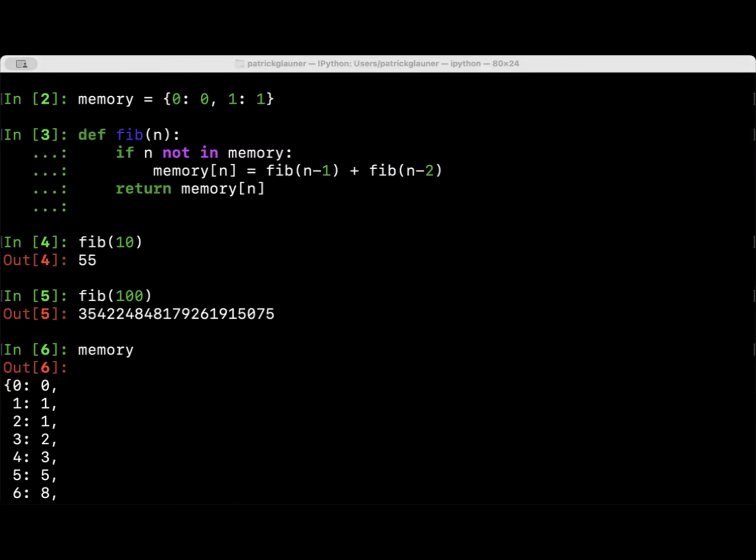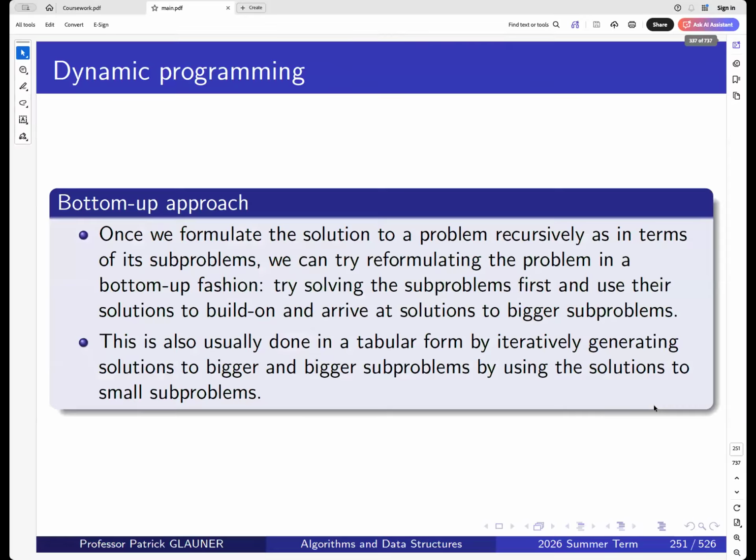And as there is a top-down approach where we take the big n and split it into smaller n's, we can also start with small n's directly and then put them together until we have reached the big n and then stop. And that would be the bottom-up approach.